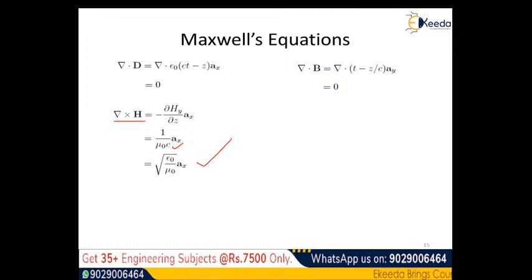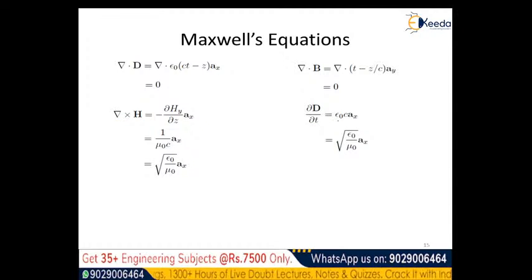On the other hand, we require del D by del T to be equal to this. When we find the partial differentiation of D with respect to time, we obtain epsilon 0 into C into Ax. Substituting C is equal to 1 upon under root mu 0 epsilon 0, we get under root epsilon 0 divided by mu 0 into Ax.